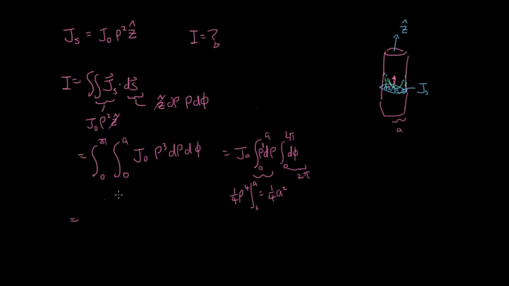So plugging that in, we'll have J naught times 1/4 a to the 4th times 2 pi, and we are left with pi J naught a to the 4th over 2. So this is the current, and it's in the positive direction, the way we've defined this. And there you have it, the conversion from current density to current.